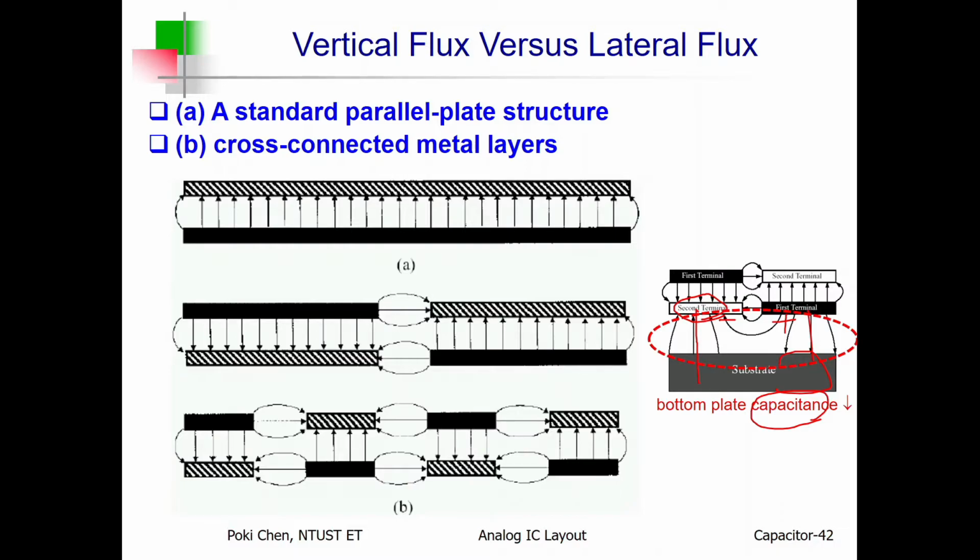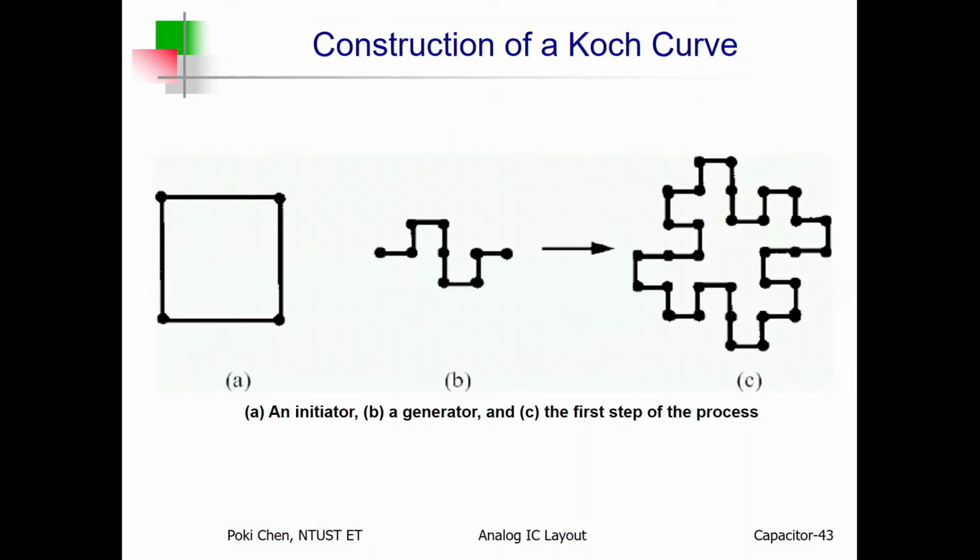All right. And how to implement such kind of fractal geometry? Actually, through the help of Koch curve. From the beginning, for example, you have a square, right?